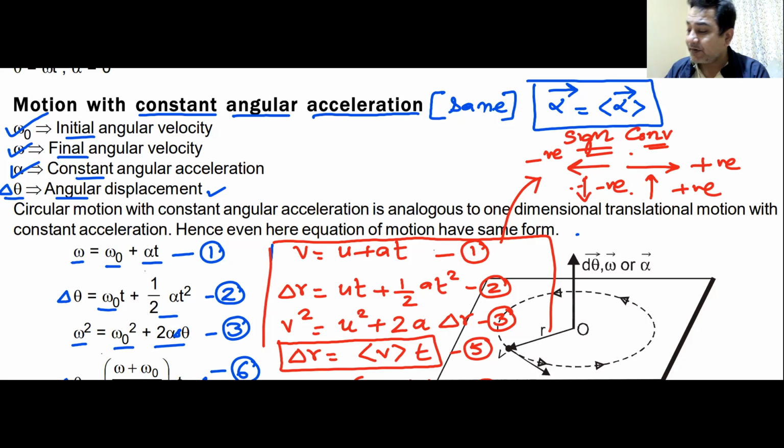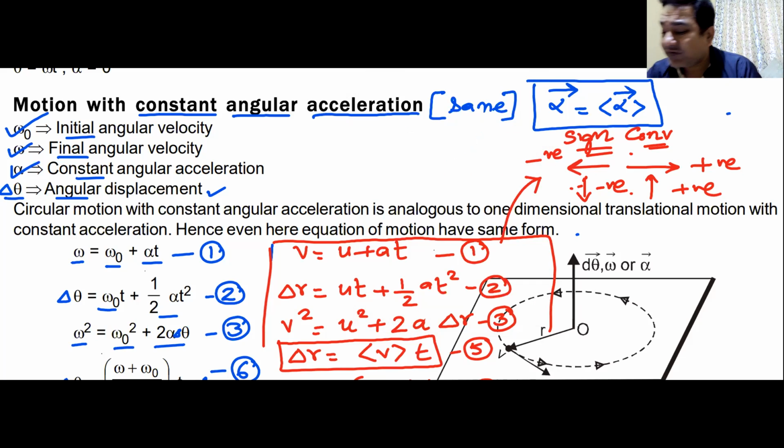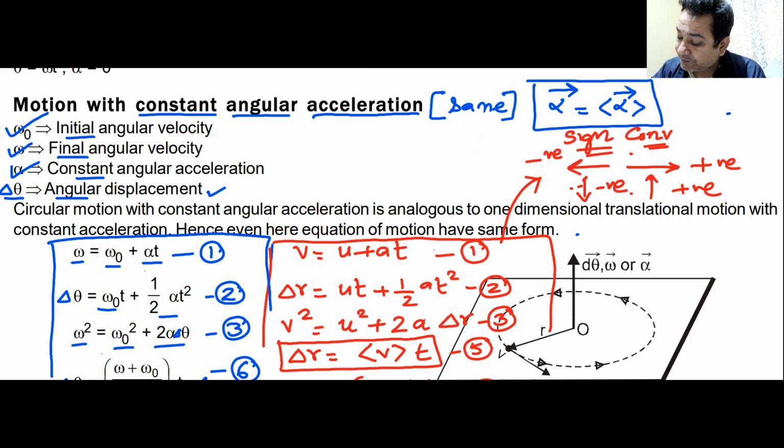How do I incorporate the directions here on the blue side? We have just now seen it. Can anyone recollect how I'm going to incorporate the directions? Because apart from average angular velocity and angular displacement, everything else is a vector.